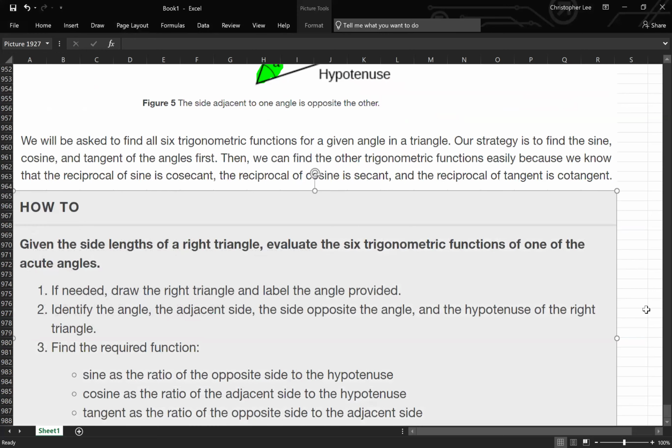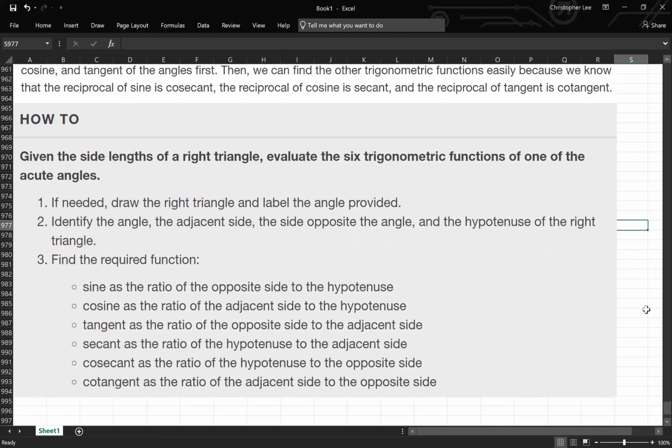All right, so given the side lengths of a right triangle, evaluate the 6 trigonometric functions of one of the acute angles. If needed, draw the right triangle and label the angles provided. That's step 1. Step 2, identify the angle, the adjacent side, the opposite side of the angle, and the hypotenuse of the right triangle. And step 3, find the required functions.